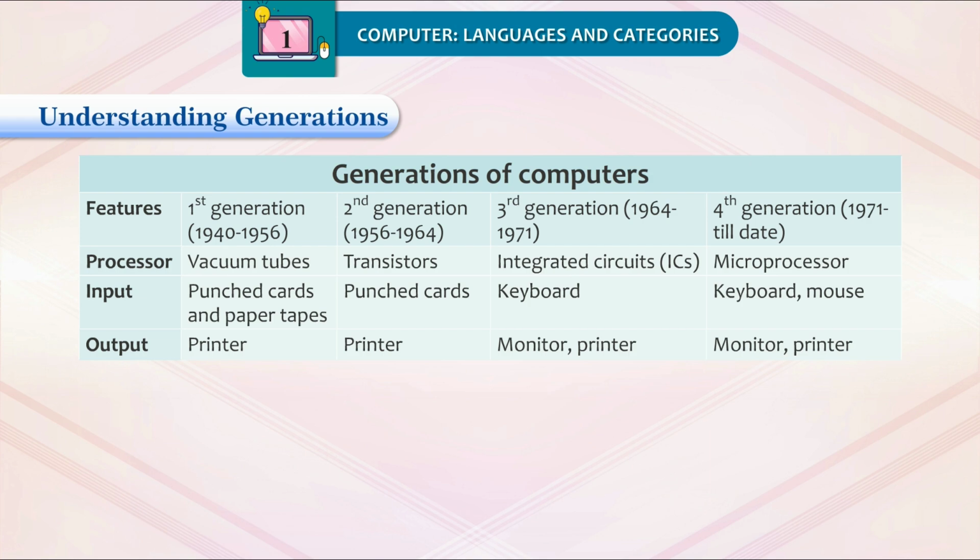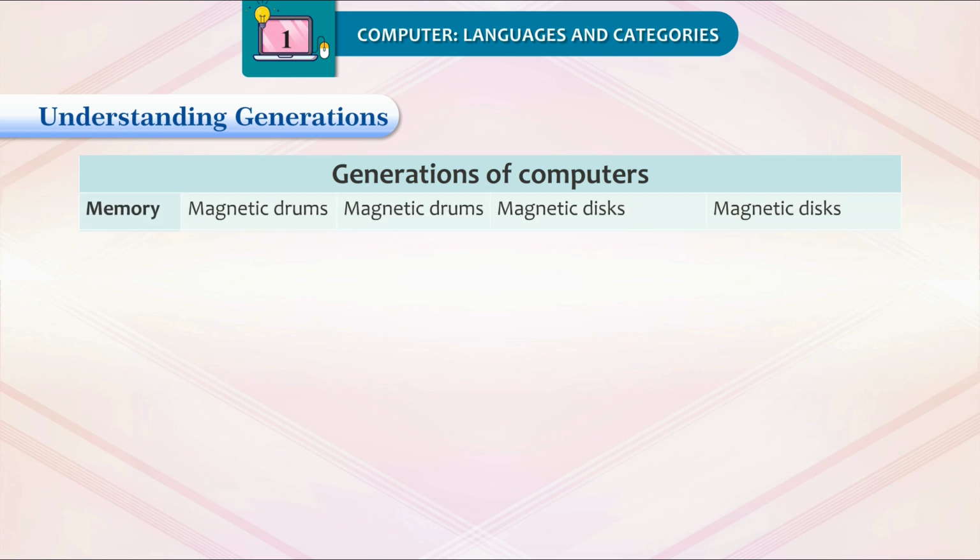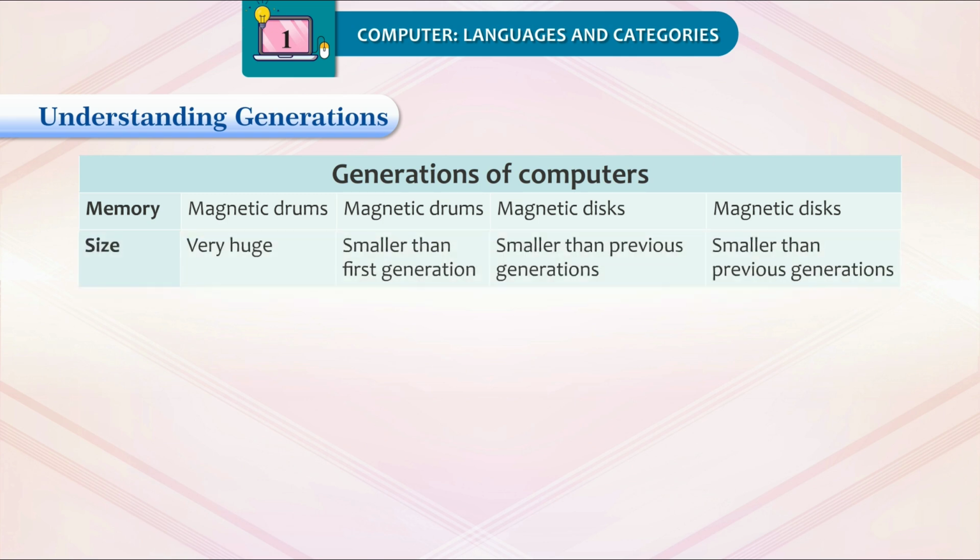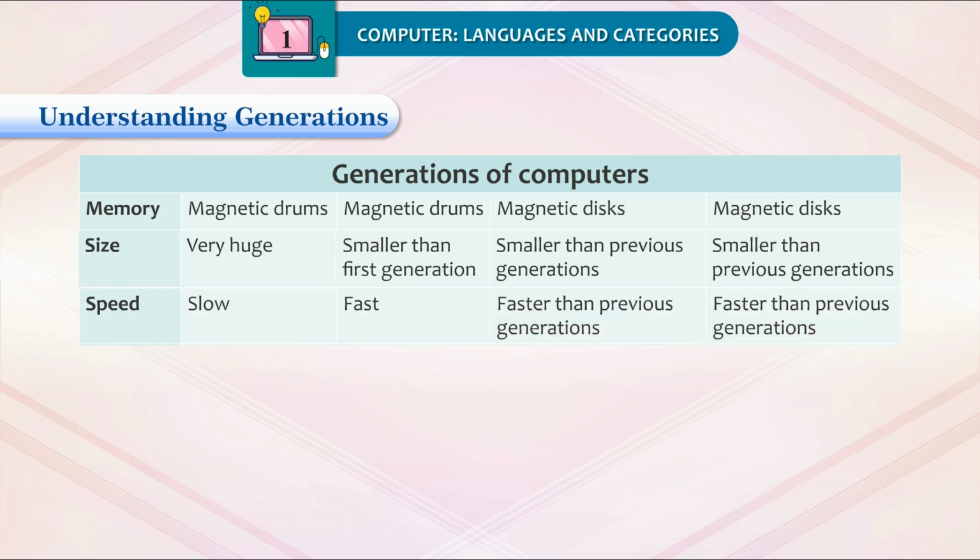Output, monitor, printer. Memory: magnetic drums; magnetic drums; magnetic disks; magnetic disks. Size: very huge; smaller than first generation; smaller than previous generations. Speed: slow; fast; faster than previous generations.